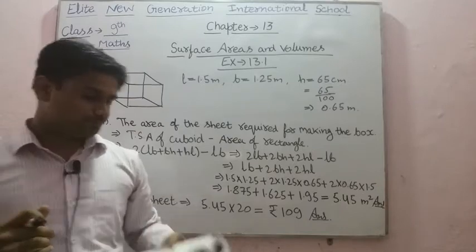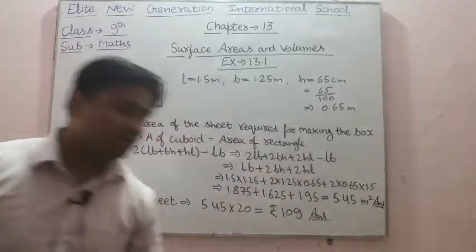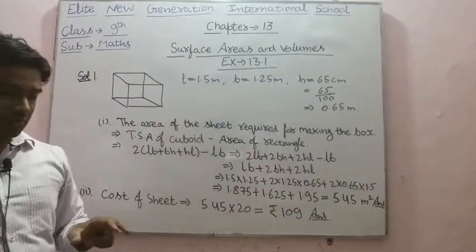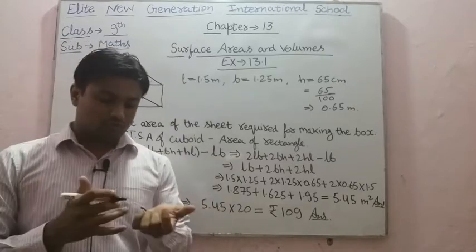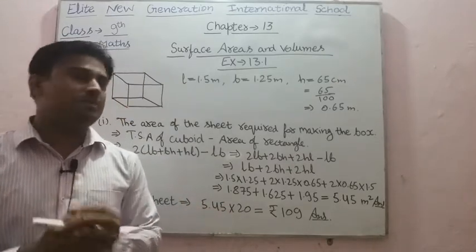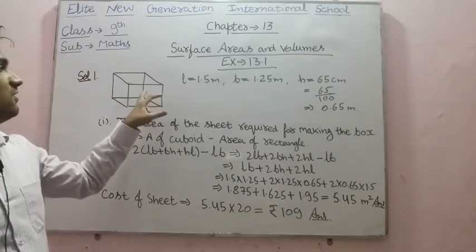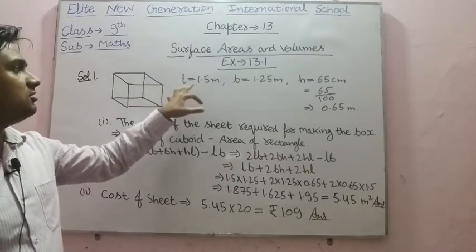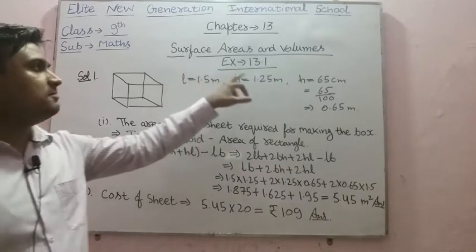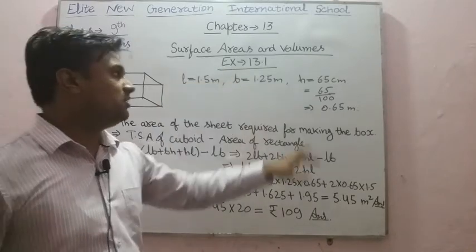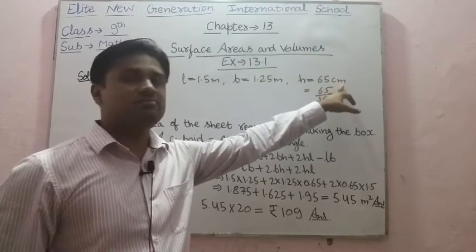So here we have to find the area of a box which is open at the top. If the box is open at the top, that means it consists of only 5 faces. First of all, in this cuboidal box, length equals 1.5 meter, breadth equals 1.25 meter and height equals 65 centimeter.